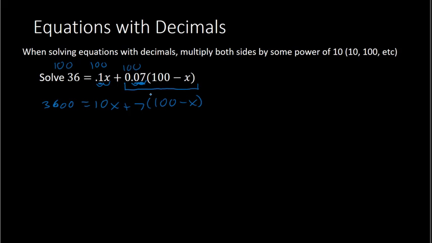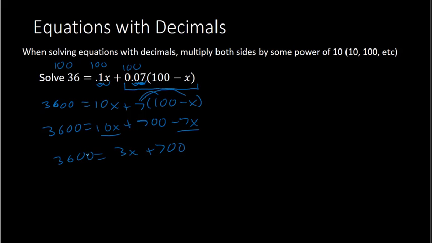And then from here I can continue to solve. 7 times 100 and 7 times negative x would give me 700 minus 7x. And then we can do 10x minus 7x to get 3x. And then we can bring the 700 over by subtracting. That will cancel.